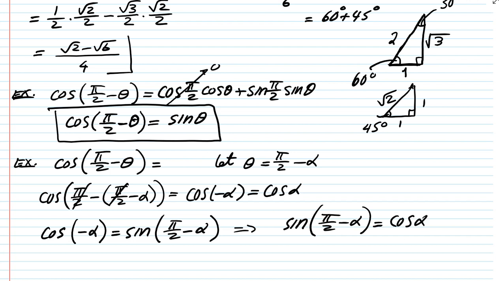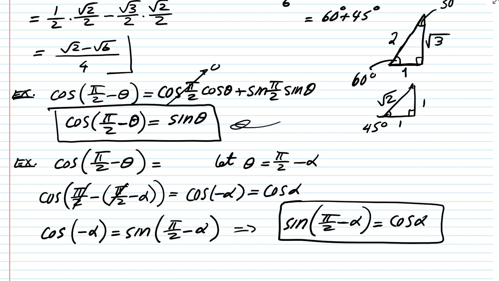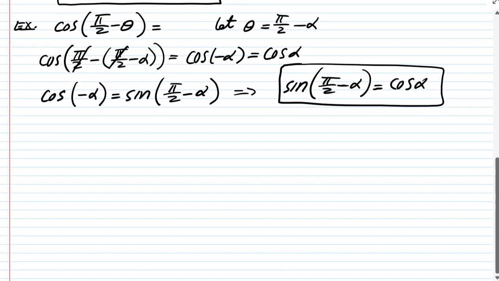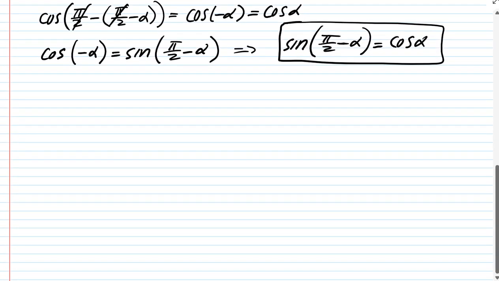Now, what is this telling us? Well, a sine that is shifted by pi over 2 gives you cosine, or cosine is sine shifted by pi over 2. The one above says sine is cosine shifted by pi over 2. So these two functions are just horizontal shifts of one another. Now, let's say we want to establish the sum formula for sine of alpha plus beta.